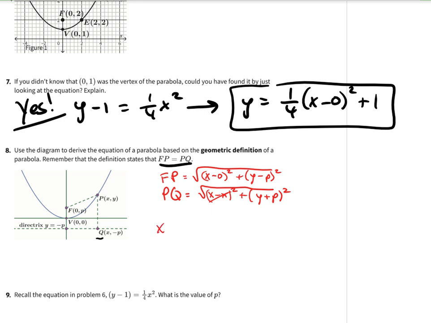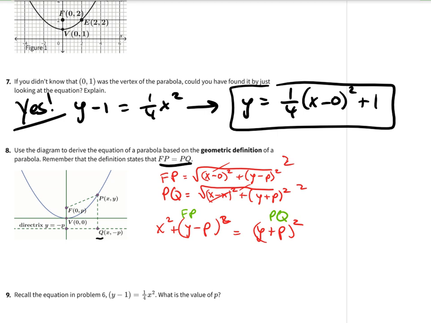We get x squared, and I'm going to square both sides here to get rid of these square roots. So for FP, x squared plus (y minus p) squared equals PQ, which is just (y plus p) squared.